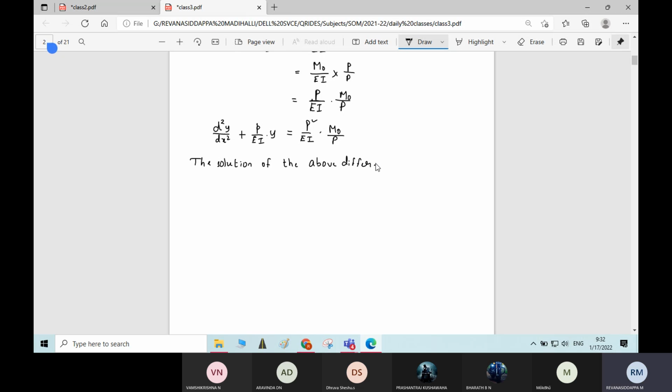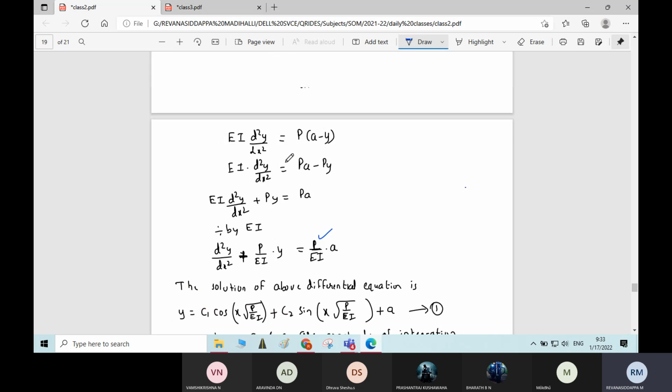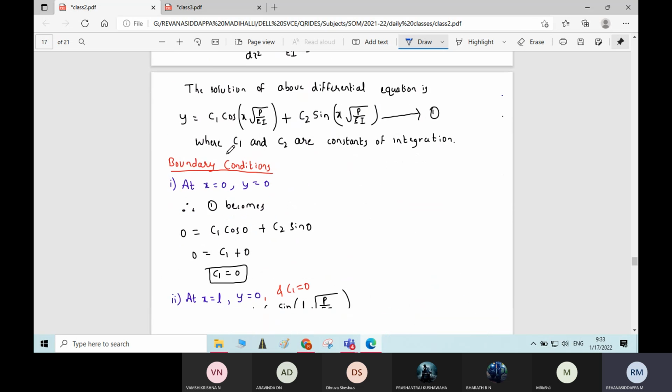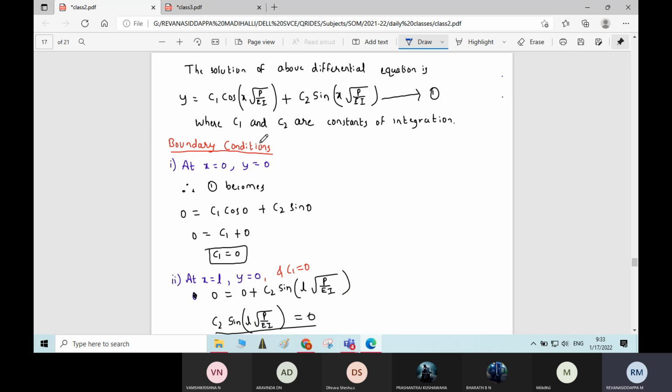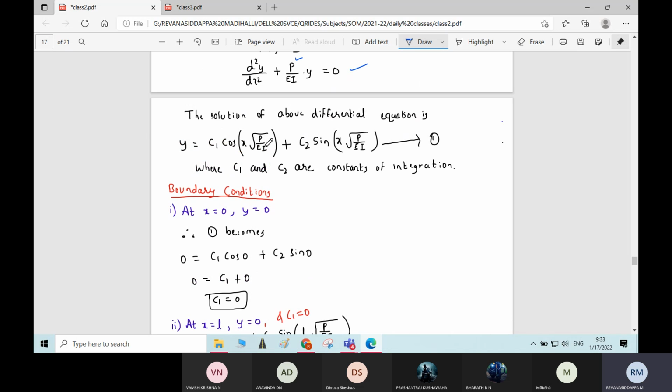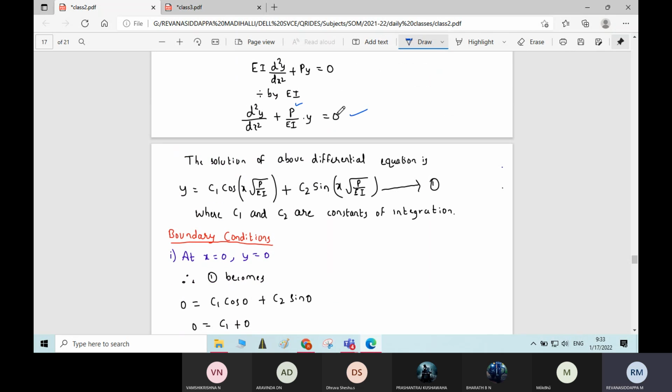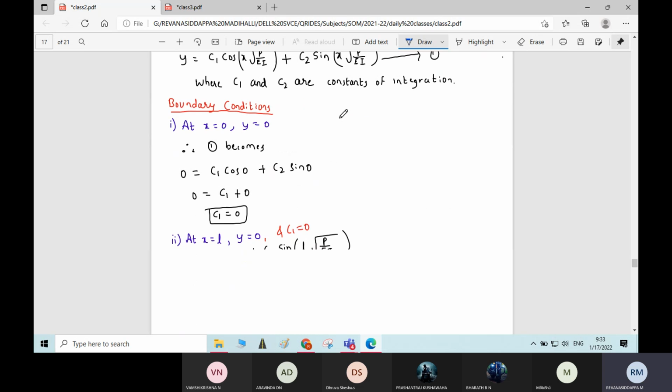The solution of the above differential equation is the same solution we have written for the previous two derivations. Y is equal to C1 cos x root P/EI plus C2 sin x root P/EI. The same solution I will write, but plus whatever the multiplication constant for P/EI in the RHS.